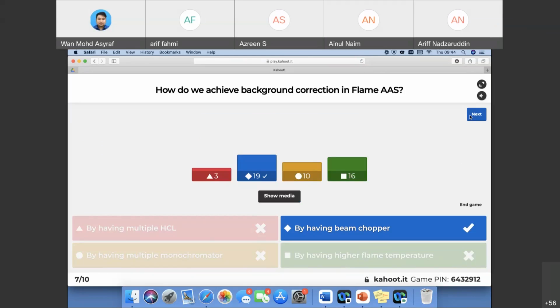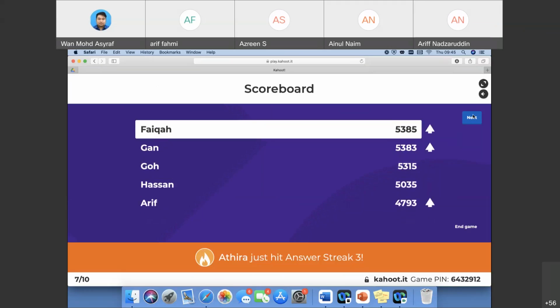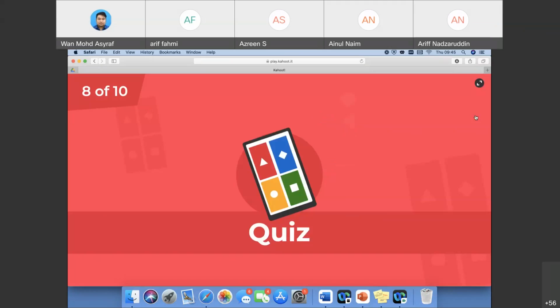If you remember, the beam chopper alternates the signal from your flame and from your source of light, which is the HCL. This alternation of signal from your source and your flame, the difference, would give you the correct analyte concentration. Alright, Faika, good job.